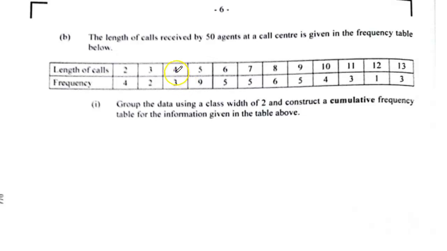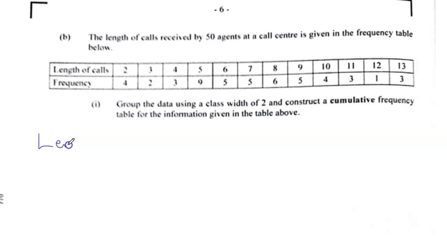Part B, the length of calls received by 50 agents at a call center is given in the frequency table. And we have a table there, length of calls ranging from 2 to 13, and we have our corresponding frequencies below. So group the data using a class width of 2 to construct a cumulative frequency table for the information given. So we begin.